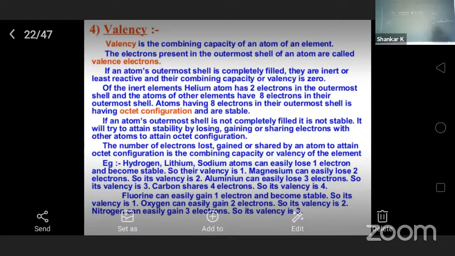What is the valency of hydrogen, students? 1. And what is the atomic number of lithium? 3. And what is sodium?